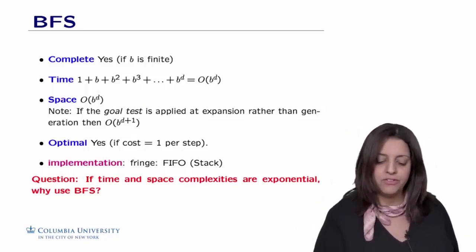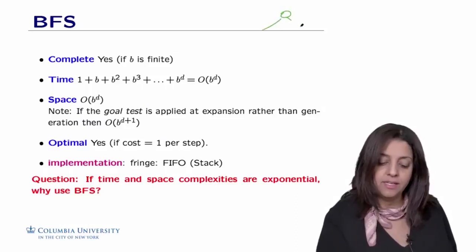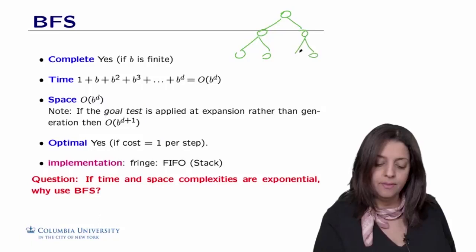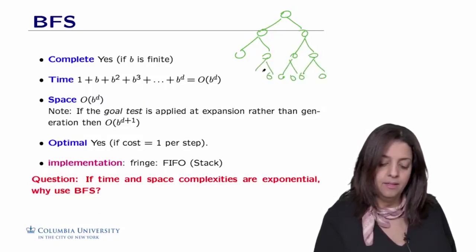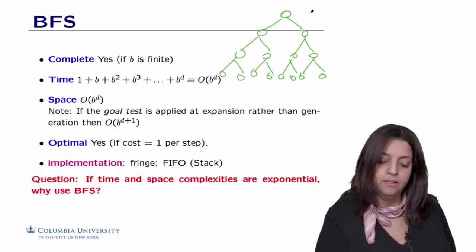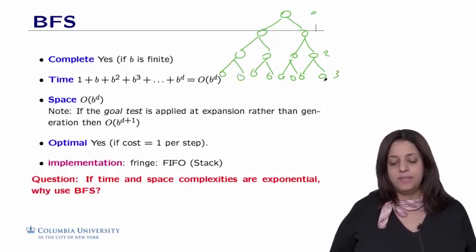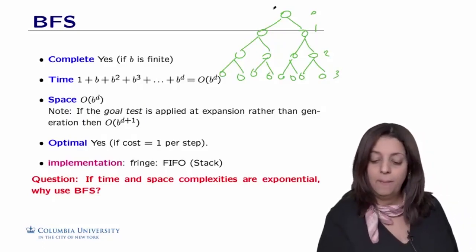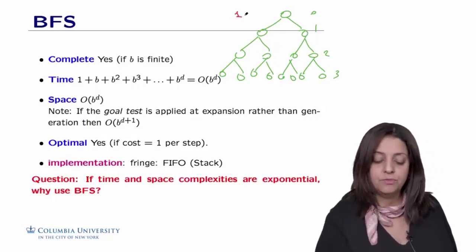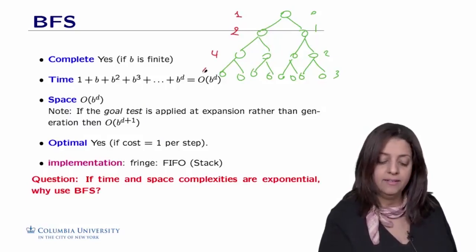So for example, if we have this kind of binary tree of depth 0, 1, 2, 3, the number of nodes being expanded here is 1 for the root node, then 2, then 4, then 8, and so on.